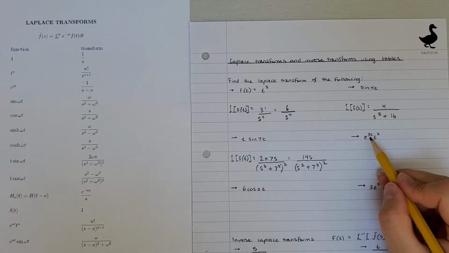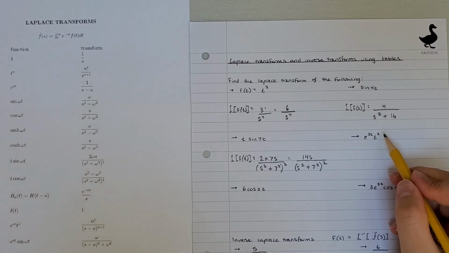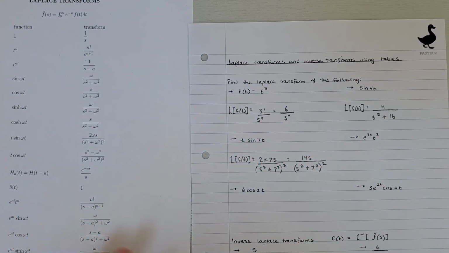We have e to the power of 3t multiplied by t squared. So further down on the table we have this here.